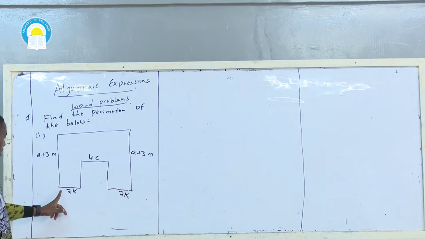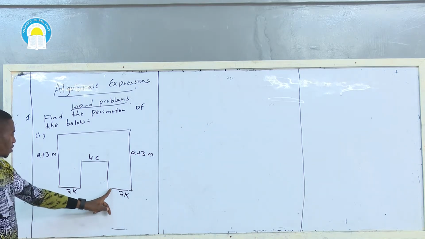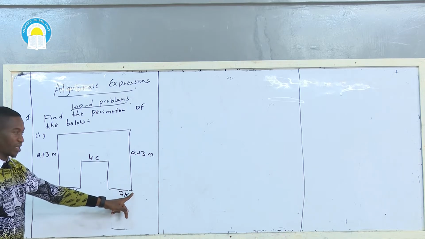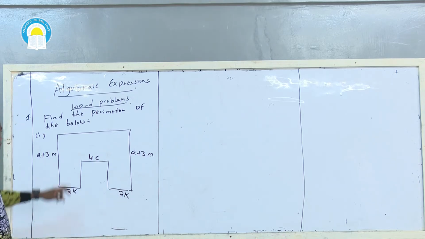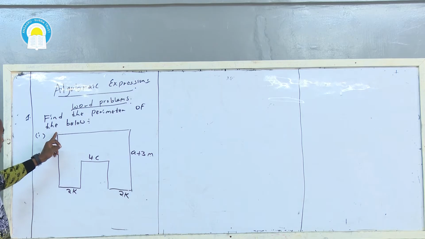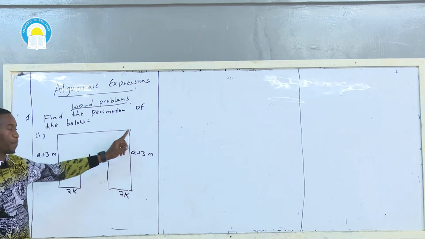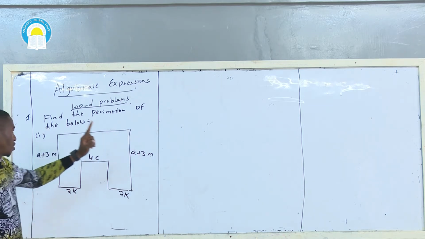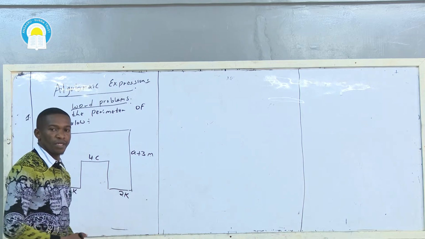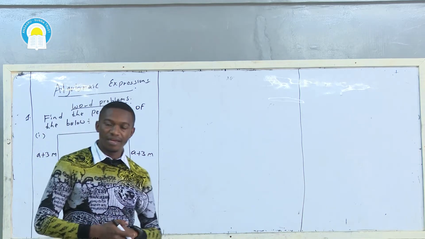Down here, from here to here is 2k, and from here to here is also 2k. For us to know the other distances, we will use imaginary lines.